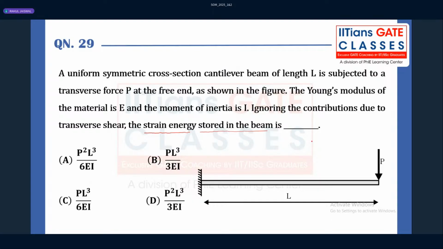There will be strain energy because of shear load also. Because of this transverse shear, there will be shear strain energy, but that we need to ignore. We need to consider the strain energy stored because of bending, right? So it is a very, very important thing.